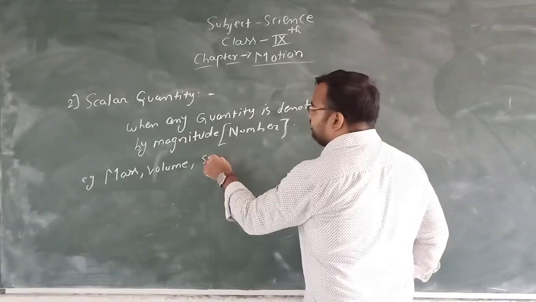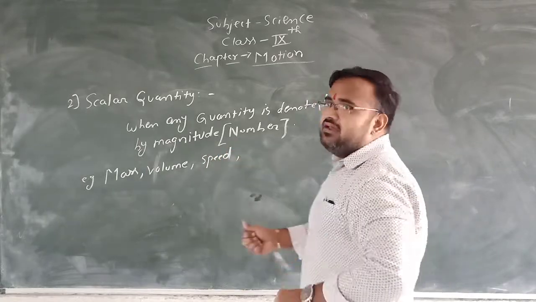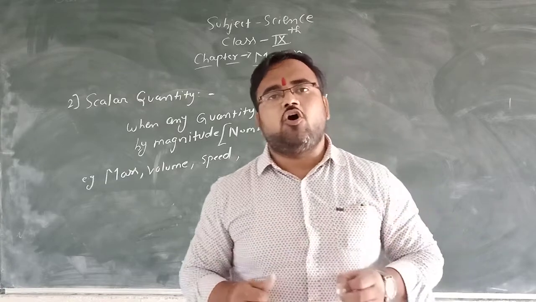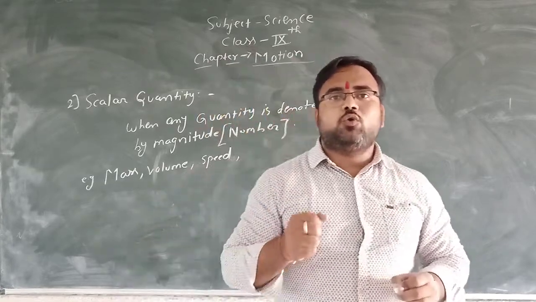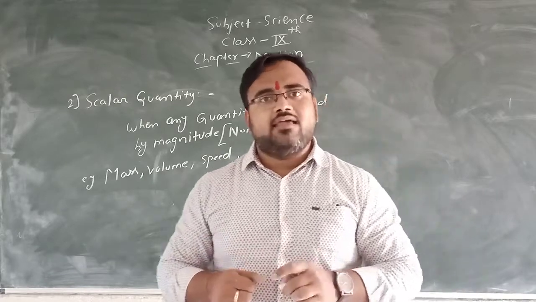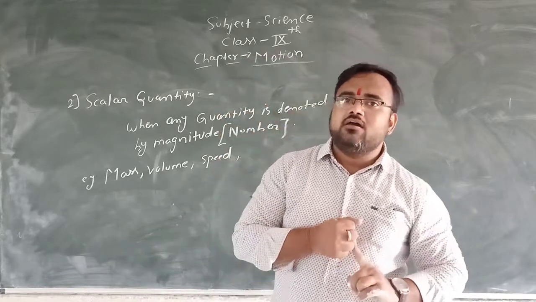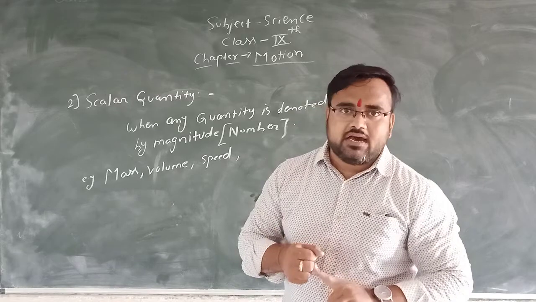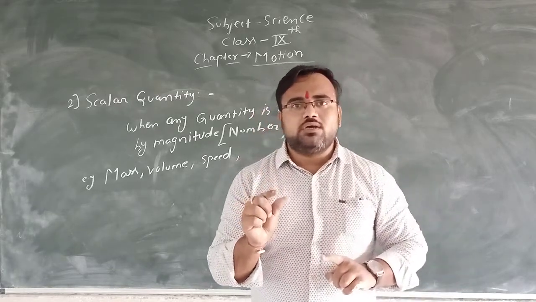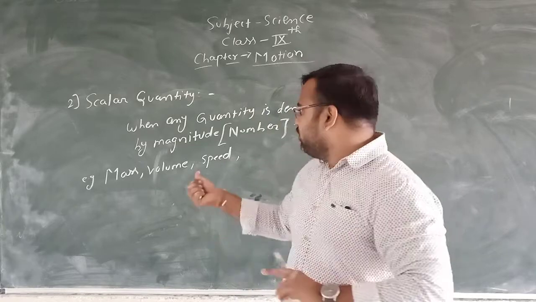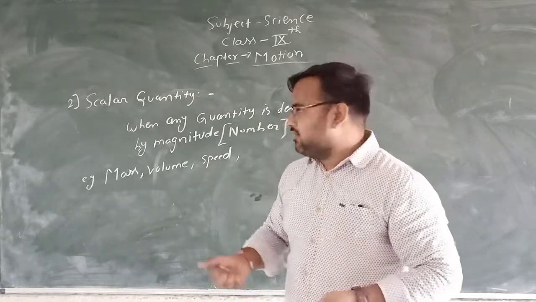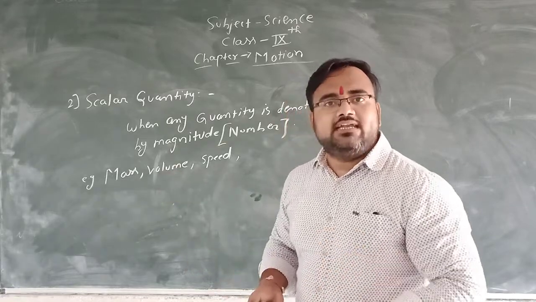Speed. Speed is denoted by number only. Speed of my car is 20 km per hour, or I can say I am driving my motorbike at 60 km per hour. So I am using only number to denote the quantity. Speed 20 km, volume 2 liter.